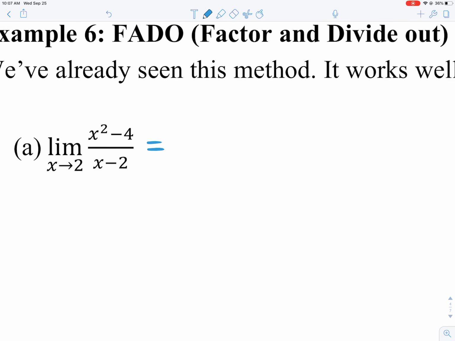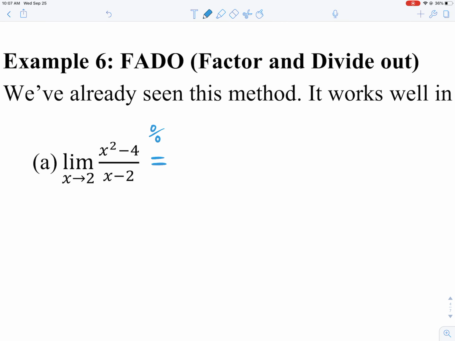So remember, if we try direct substitution, you could see that we would end up with 0 over 0, that indeterminate form. So I'm going to try FODO, factor and divide out, since this is a rational function, right? Ratio of 2 polynomials. I'm going to factor the numerator, which is a difference of 2 squares.